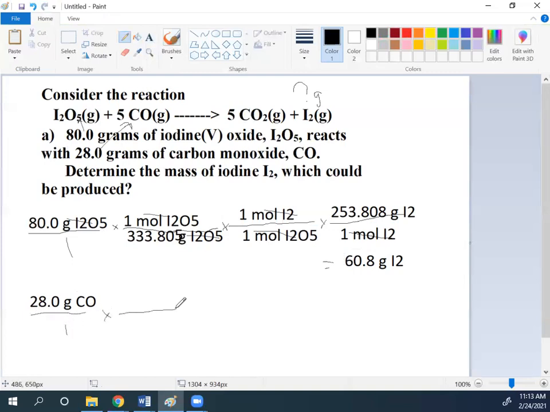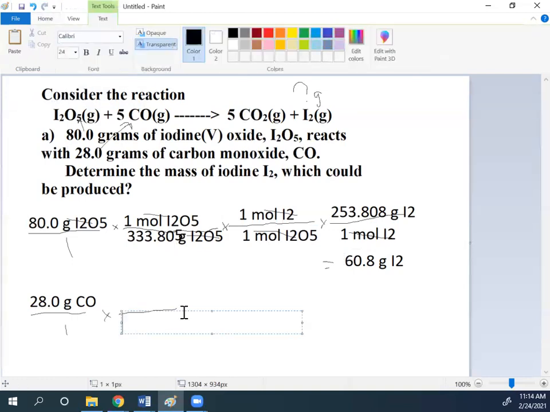Times the bottom of this fraction, Thomas Murray. Molar mass of CO. So what is the molar mass of CO, Thomas Murray?